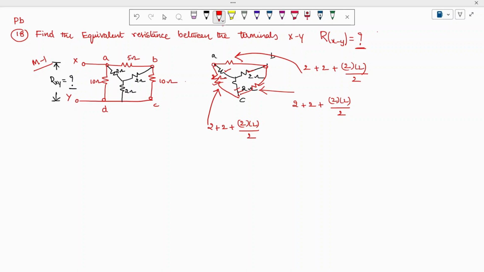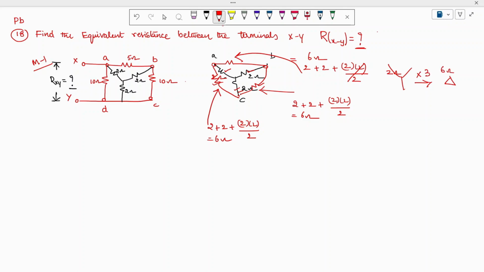Here you can see this is an equivalent star to delta conversion with equal values. I will explain the concept later. So 2 plus 2 plus 2 is nothing but 6 ohms. This is also 6 ohm. This is also 6 ohm. If a star has equal values like 2 ohms each, the resistance of each branch is multiplied 3 times.